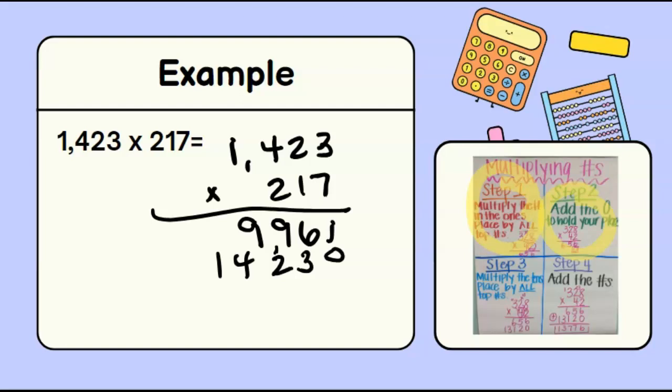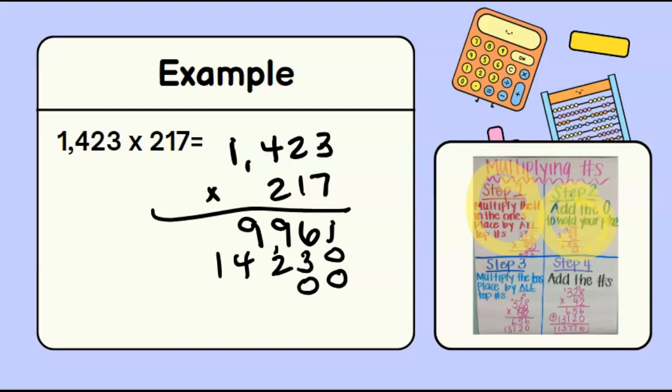Now, because I have a hundreds place, I'm going to repeat step 2 and add a 0 for a placeholder. But because it is the hundreds place, I'm going to add 2 zeros. So when I start multiplying, I'm starting under that hundred spot, okay?